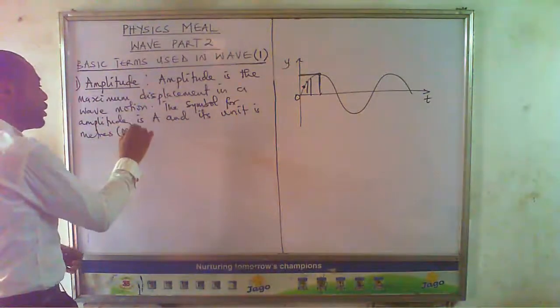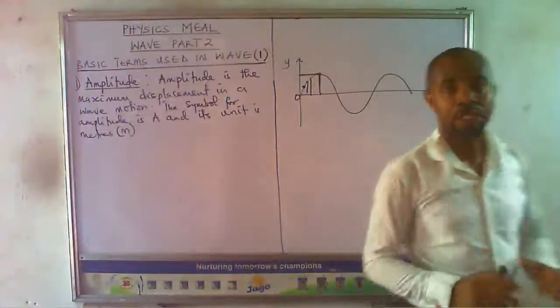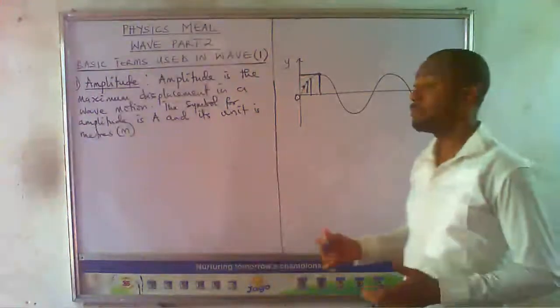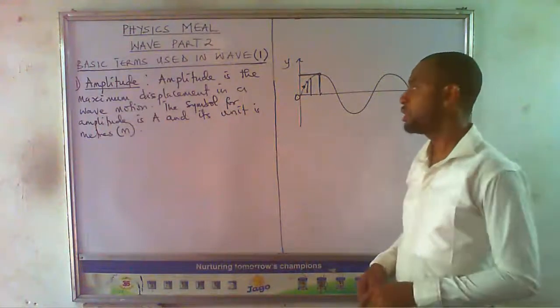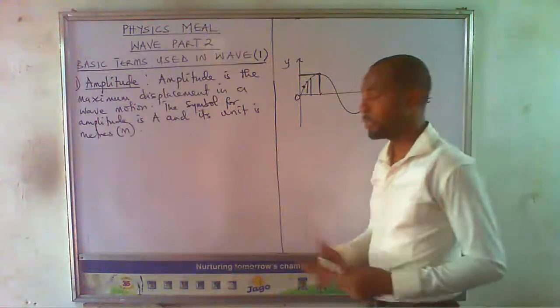That's the SI unit of displacement. So this is one of the important terms we use in wave: amplitude, the maximum displacement in a wave motion.